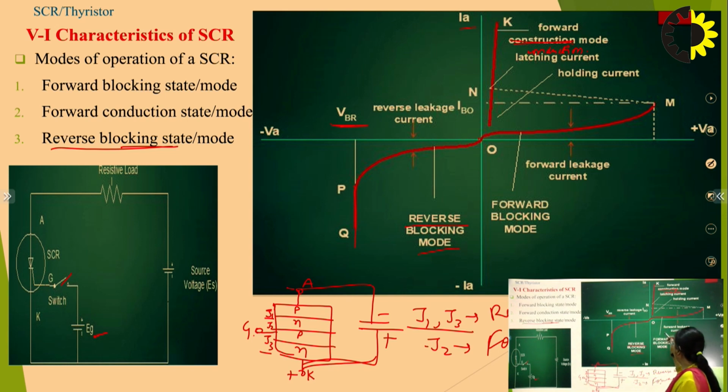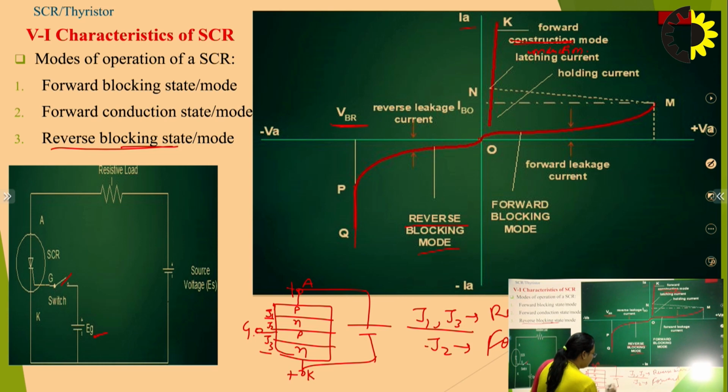Now, coming to the forward blocking mode, it is represented by OM. In the forward blocking mode, again with the gate circuit open, I am applying voltage between anode and cathode, with the anode positive and the cathode negative.